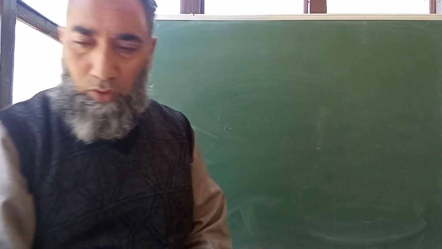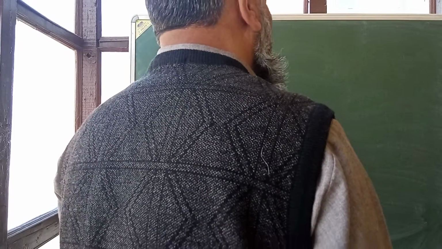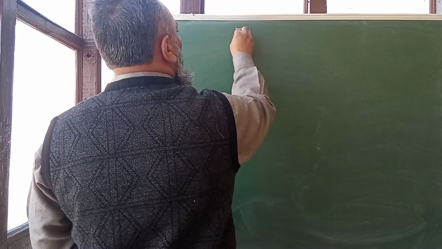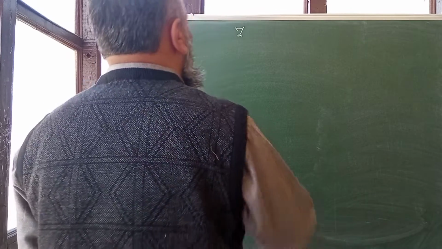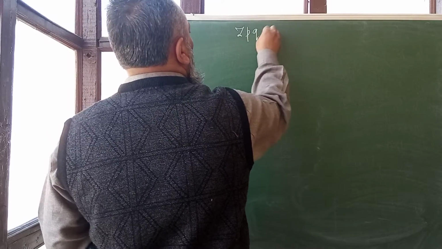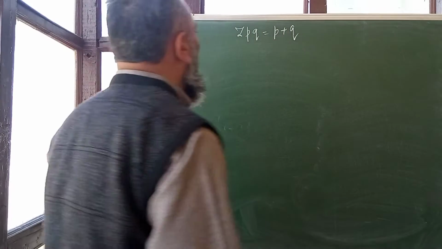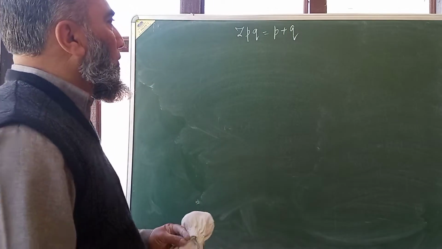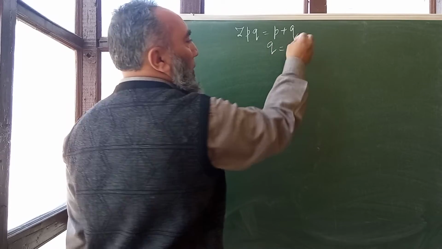Let me take one more question. Say you have Z P Q equal P plus Q. Okay. So let me put Q equal AP. This is Z P Q form.